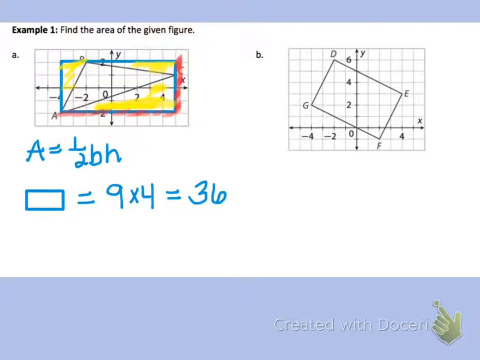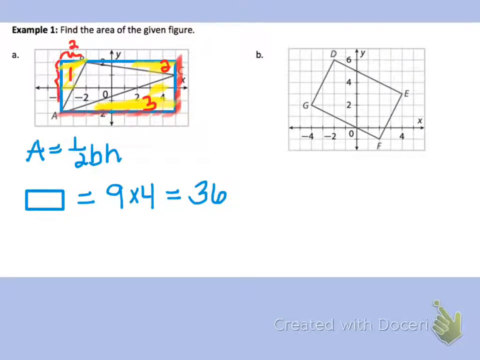So triangle number 1, I'm going to label them as 1, 2, and 3. Okay, so triangle 1, when I look at its dimensions, I have to know its base and its height. But since this is a right triangle, the base and the height are actually the two legs. So that would be that part right here, which is 2. That's the base.